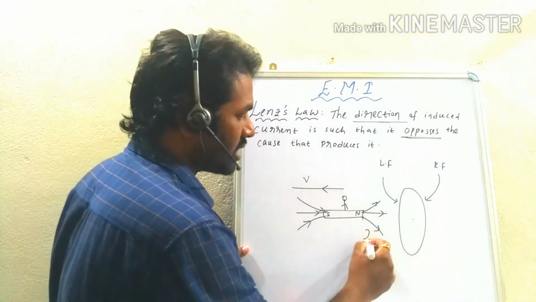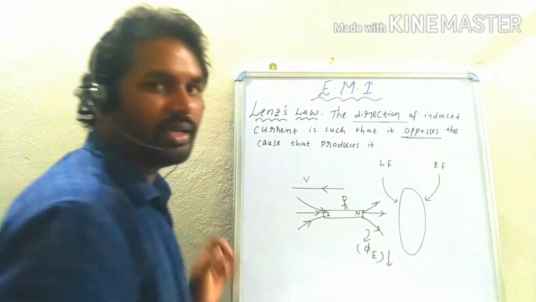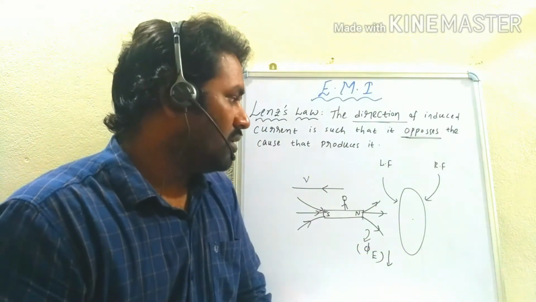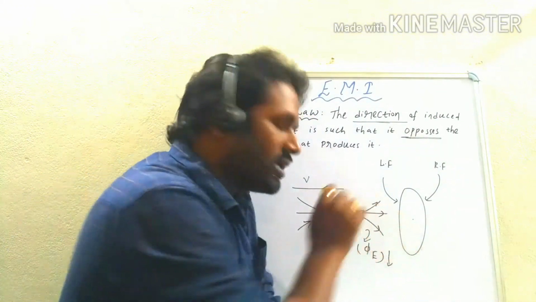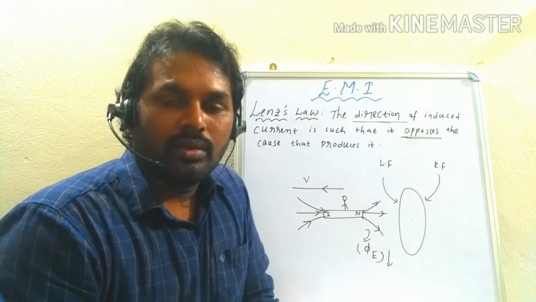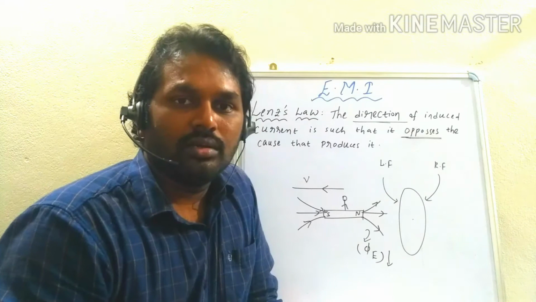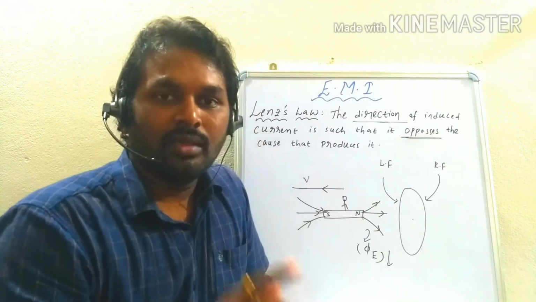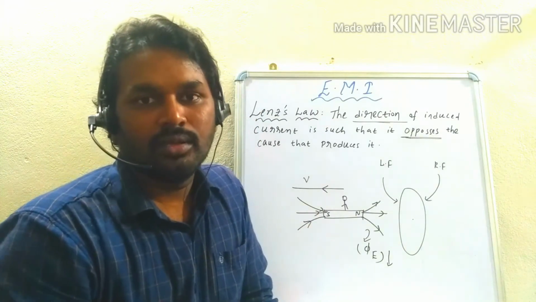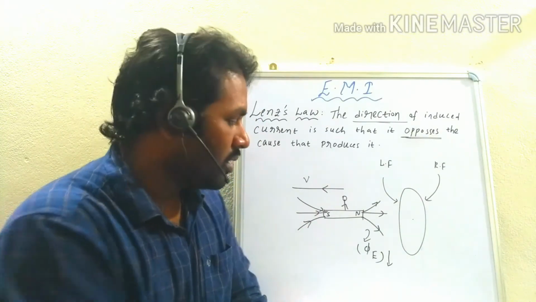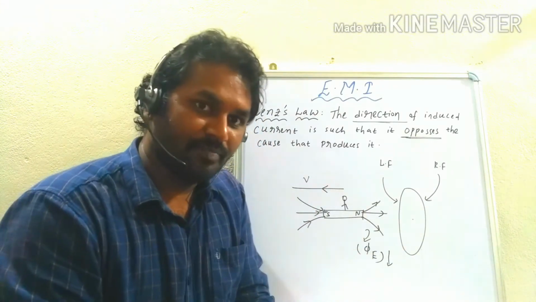Now, this external flux which is passing through the coil is gradually decreasing. According to Lenz's law, the induced current which is set in the coil creates induced flux that should oppose the external flux. Now be careful. Here flux phi A is decreasing.